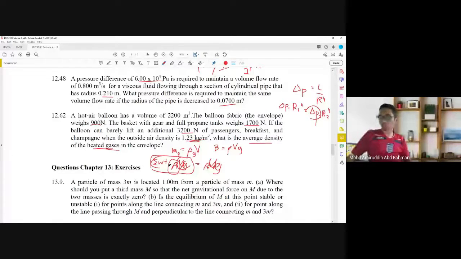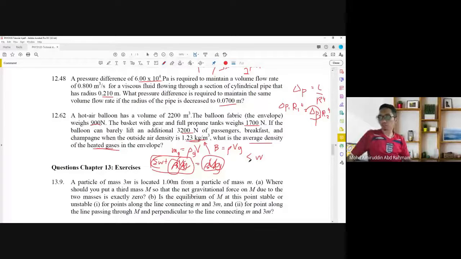Because rho Vg for the air is given, you don't need to find it out. You take just that one and you subtract it: W minus rho Vg for the air. And then that's your rho g Vg.